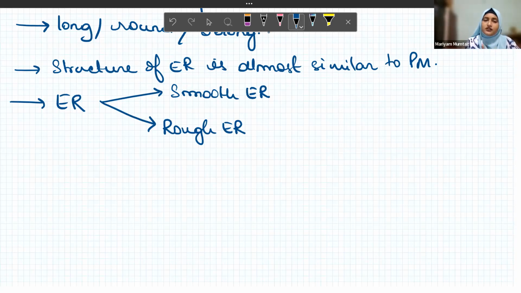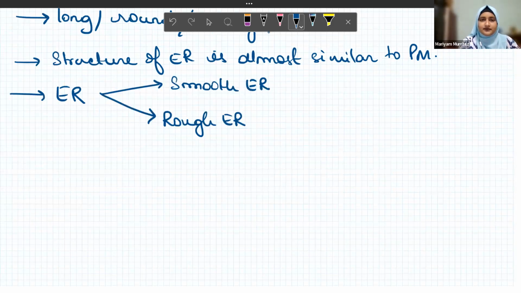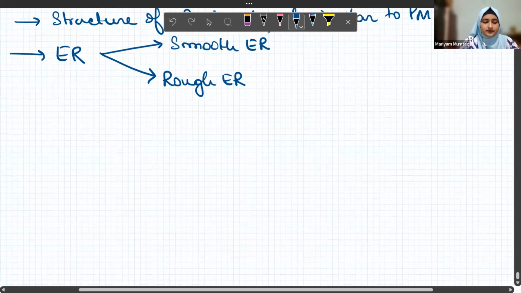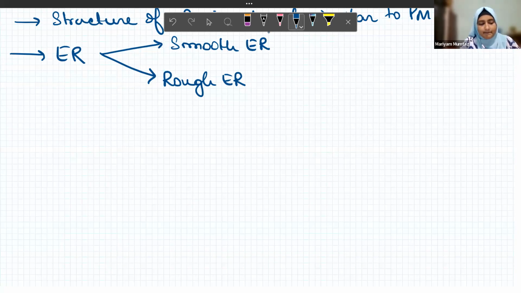It is because the smooth endoplasmic reticulum does not have any ribosomes on it, but the rough endoplasmic reticulum has ribosomes on it, and that's the reason they look rough, so that's why they are named rough endoplasmic reticulum. Okay, so should I write? Yes, ma'am. Okay, you are very correct.